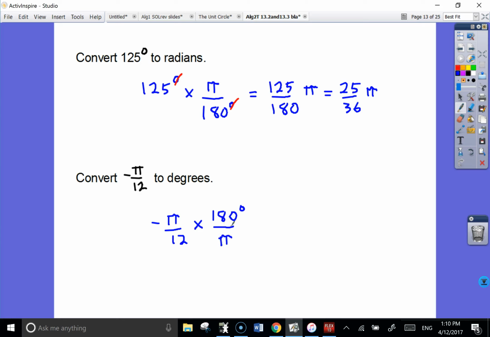It's like an invisible unit, but the radians in the numerator cancel with the radians in the denominator, and we're going to get an answer which has degrees as the unit. Okay, now the pi's are going to cancel, and so this is going to all come down to negative 180 degrees divided by 12, which is negative 15 degrees.